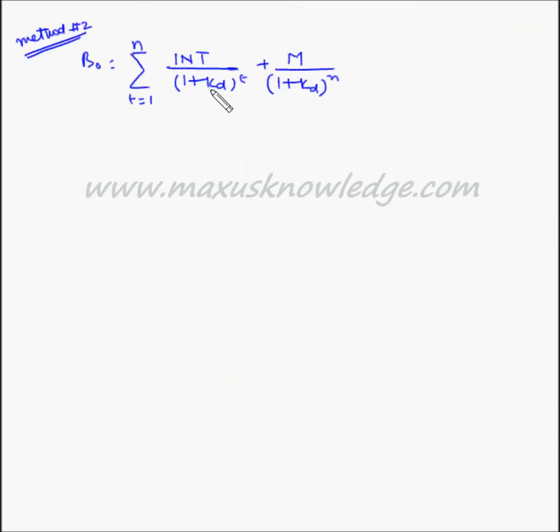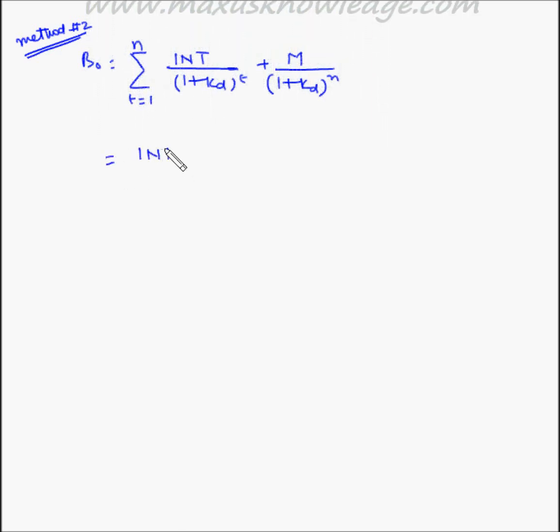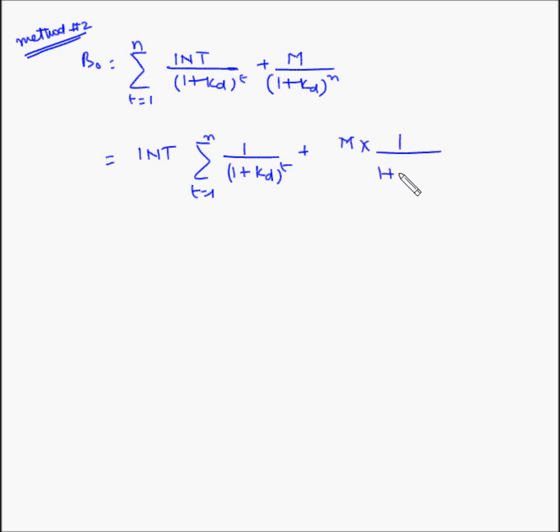So this is what we had written down previously. Now this can also be written as INT sigma T is equal to 1 to N into 1 divided by 1 plus KD to the power T plus M into 1 divided by 1 plus KD to the power N. Now this portion actually represents an annuity, and this portion in particular represents the present value factor of an annuity, and this portion represents the present value factor of a lump sum.